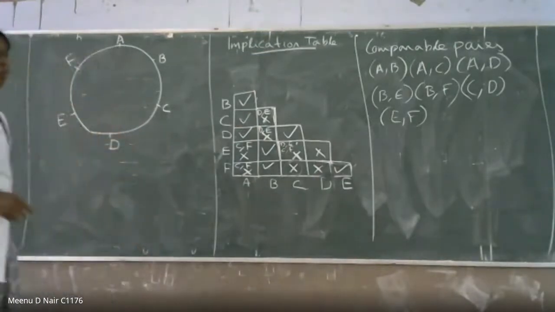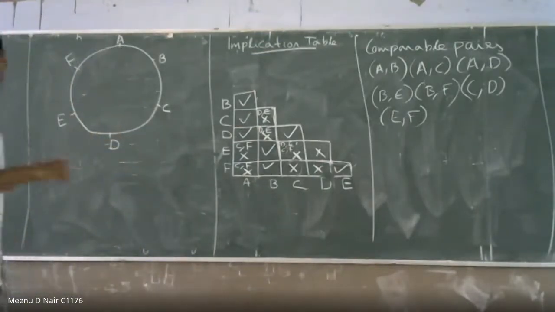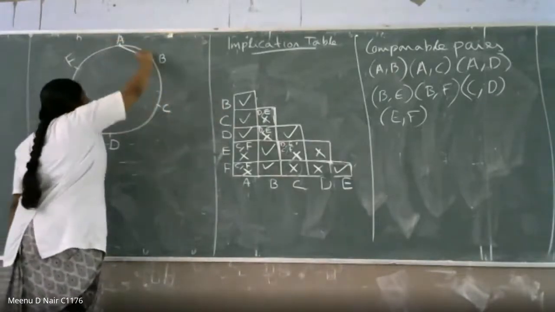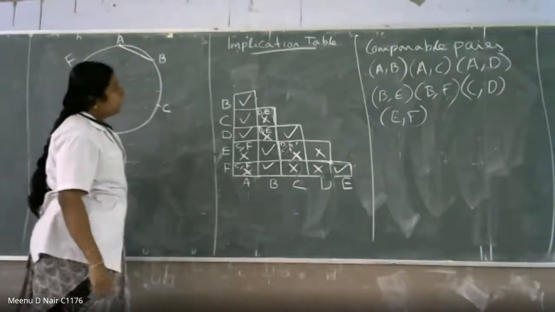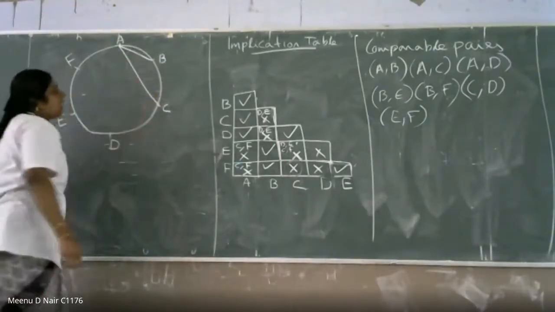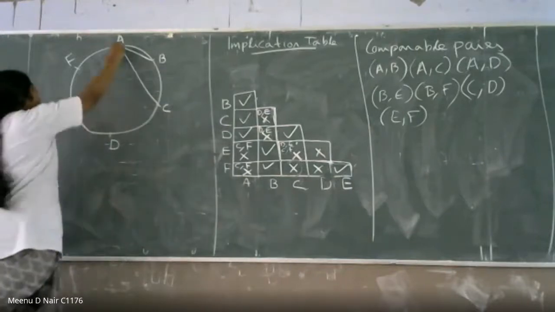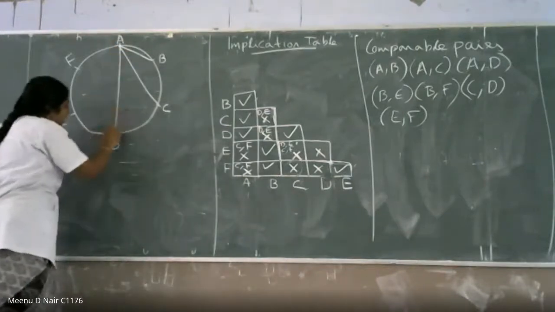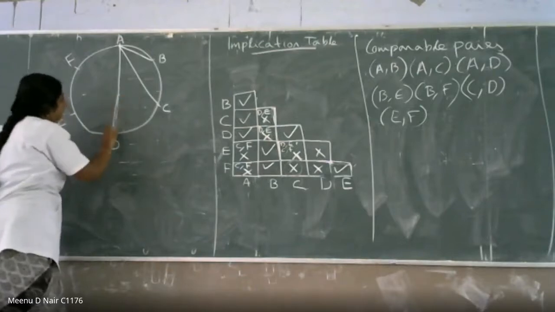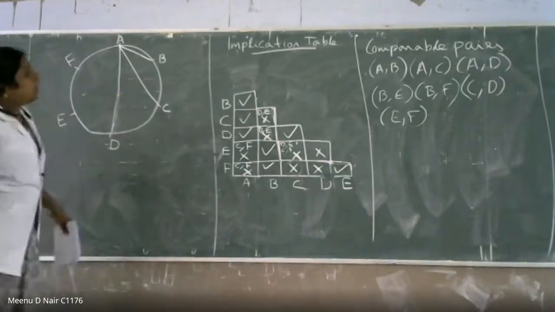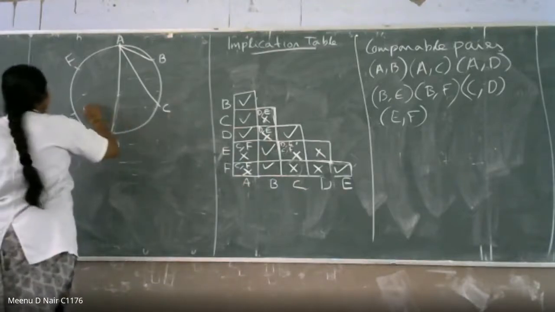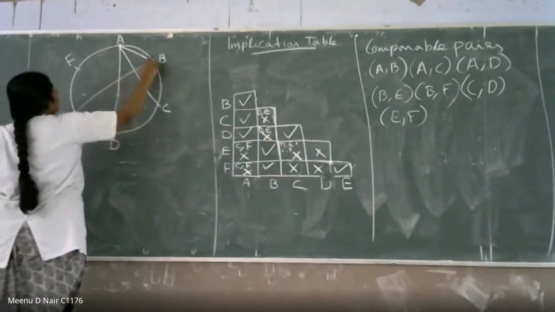So now you are going to draw a straight line. AB is comparable, no? From A to B you are putting. Then A to C. Next one is A to D. Then what is next? B to E, you are drawing like this.